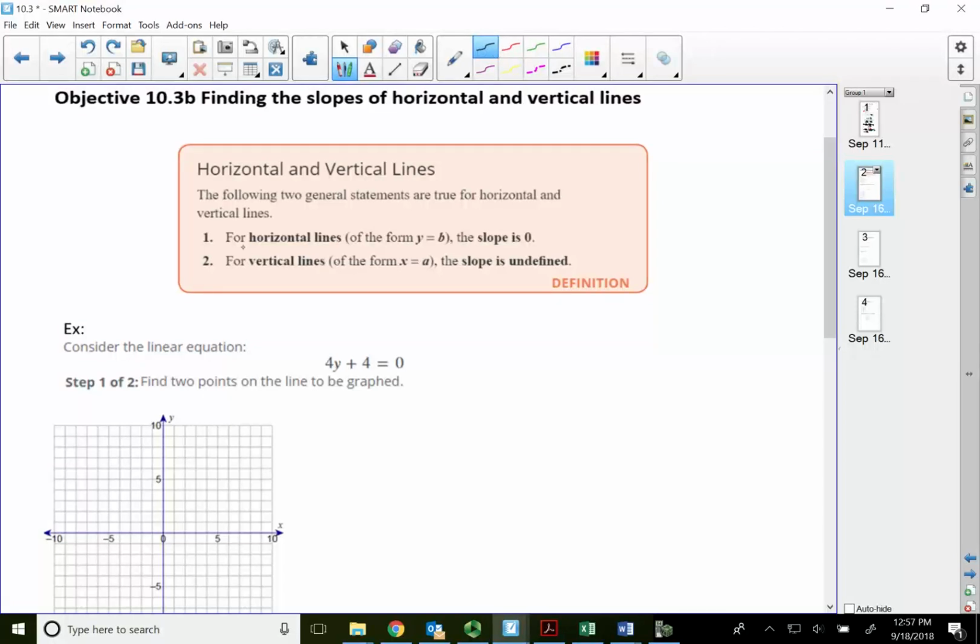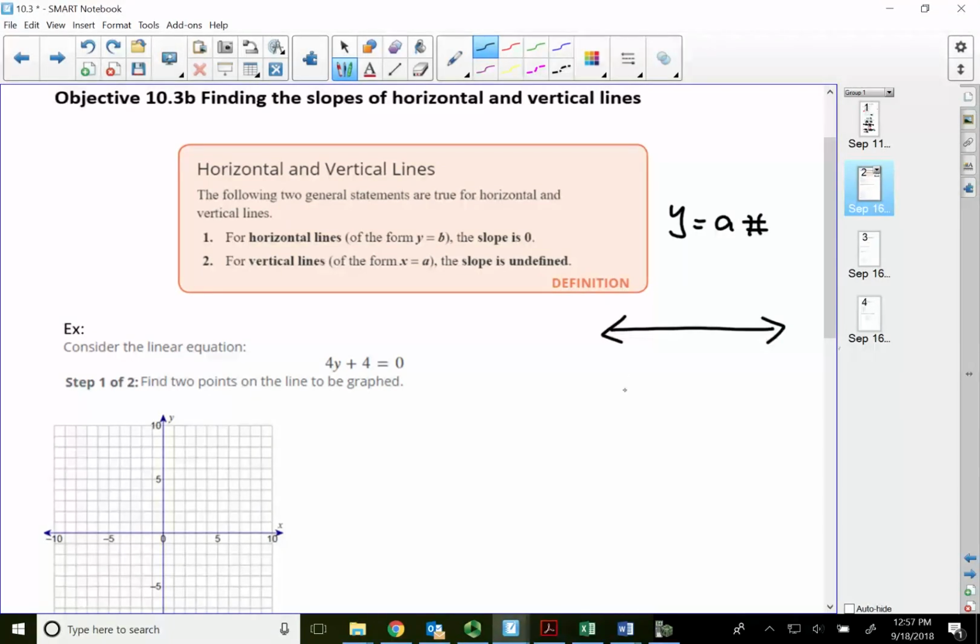Remember, a horizontal line back in Module 10.2 always has an equation that says y equal to a number. There's no variable x, so the x value can be whatever you want it to be. So remember, a horizontal line looks like this.